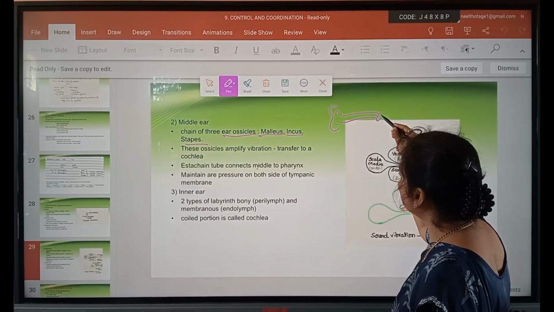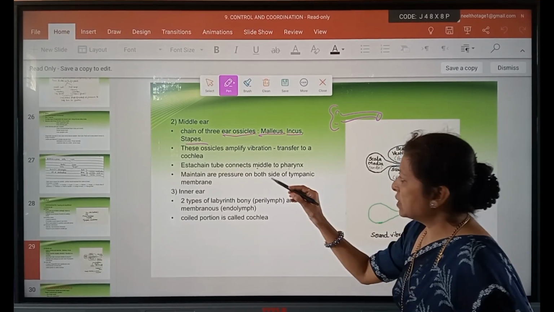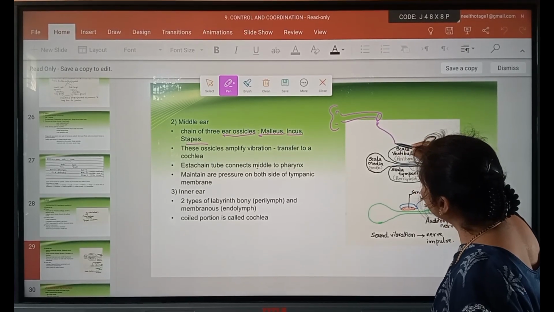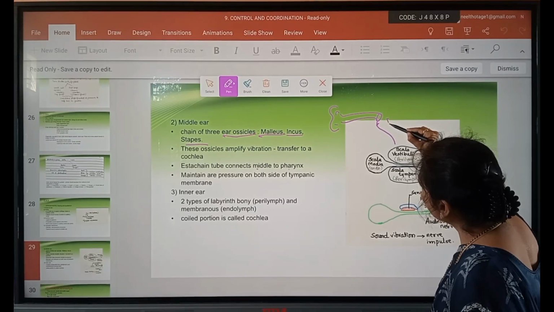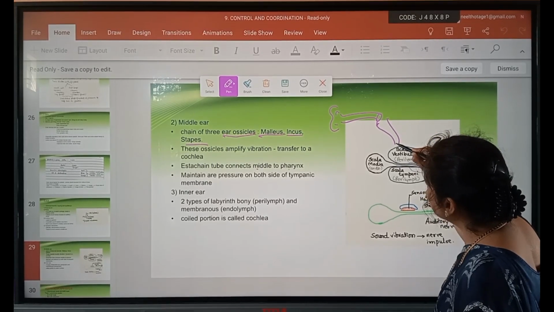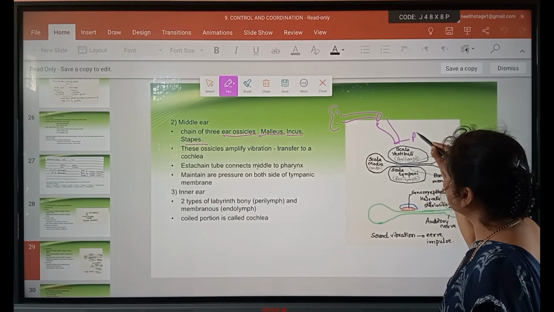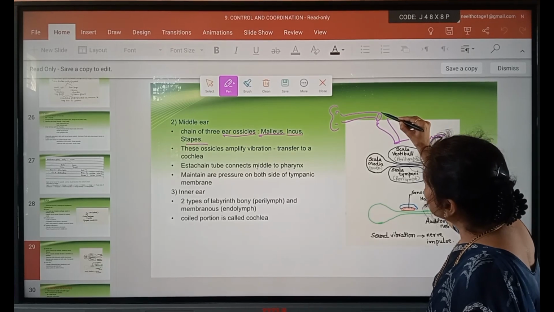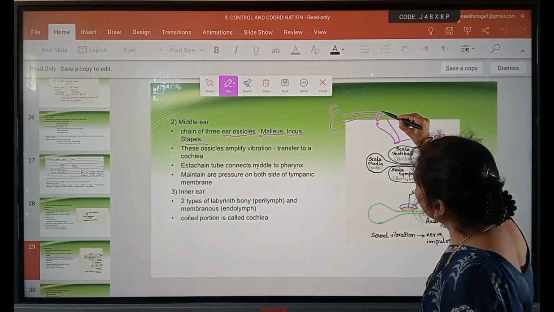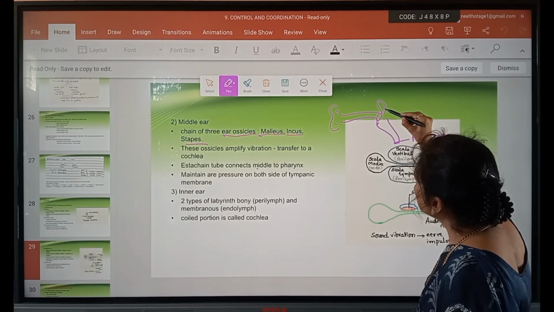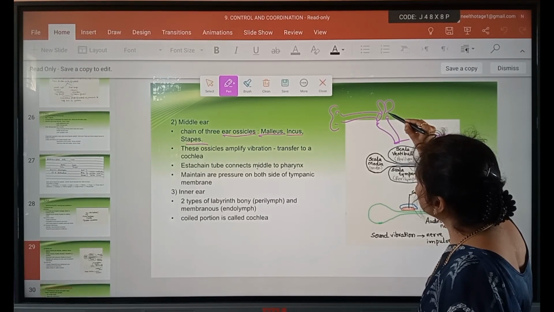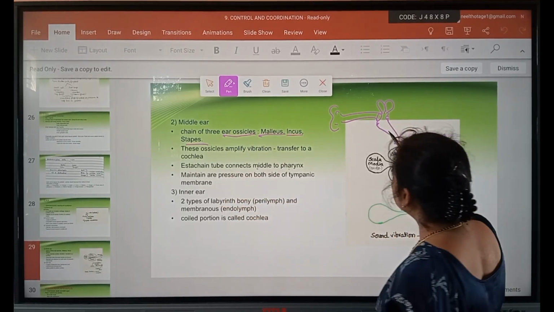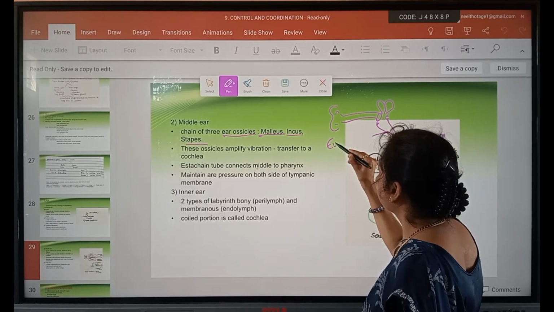Then there is the tympanic membrane, and then the tube starting from here passes to the pharynx. This is the position where the malleus, incus, and stapes are present. This is that eustachian tube.